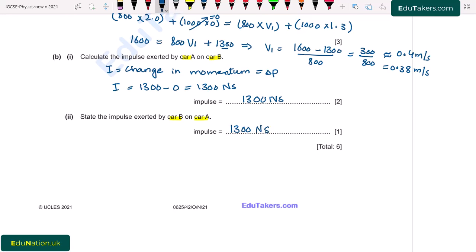The unit of impulse is Newton second. That's why the impulse of both of these are equal, and I write here 1300 Newton second.